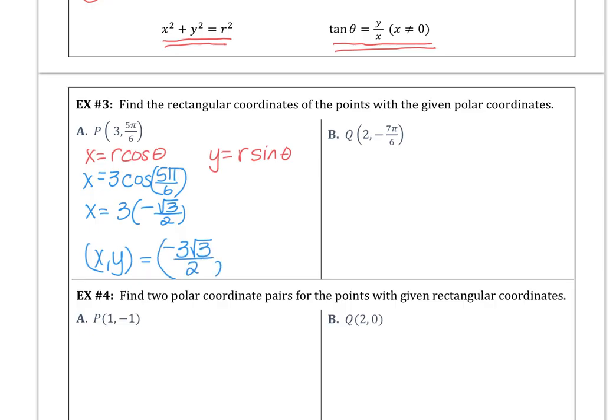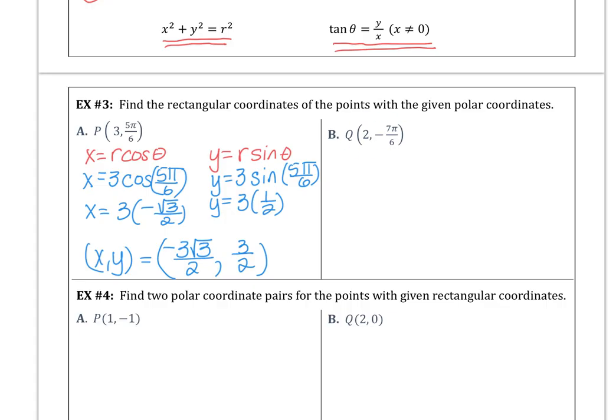And y is r sine theta, so our y coordinate is 3 times the sine of 5 pi over 6. The sine of 5 pi over 6 is a half, so our y coordinate is 3 over 2.